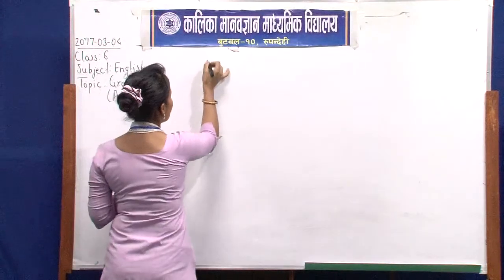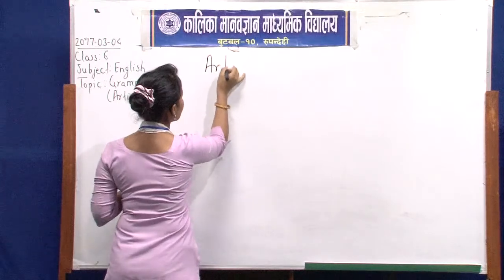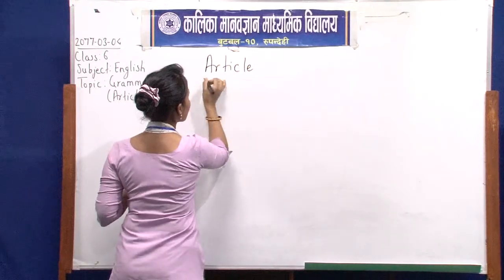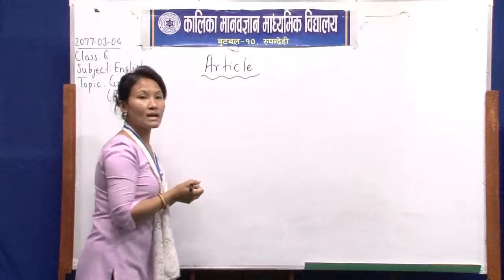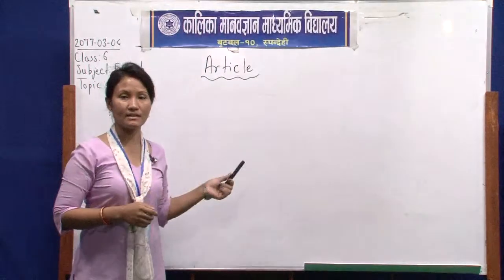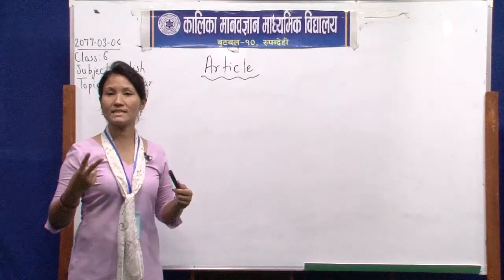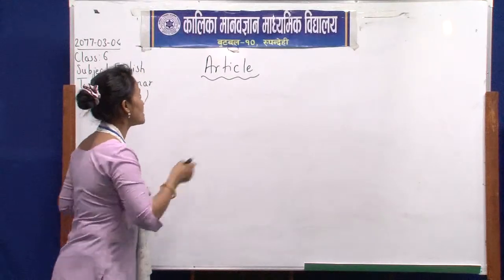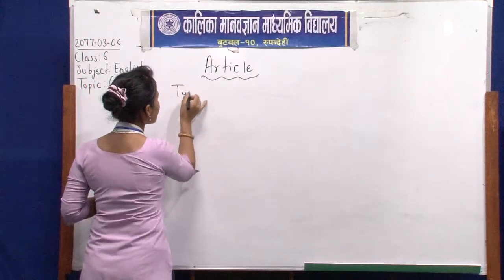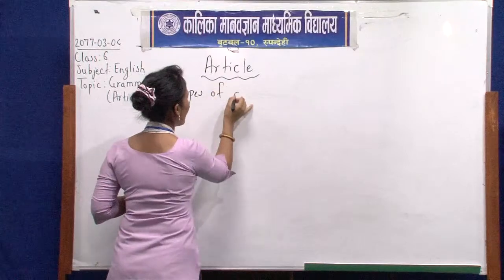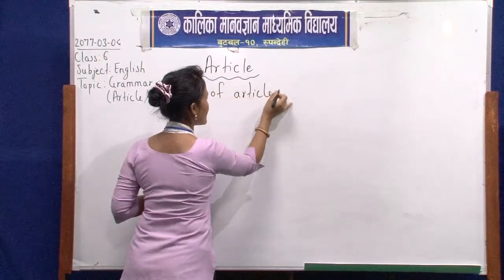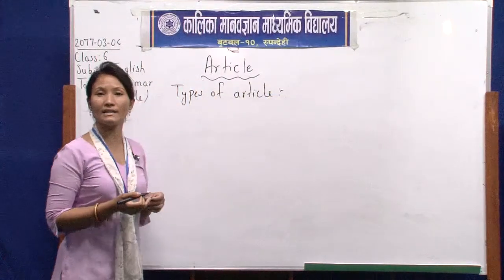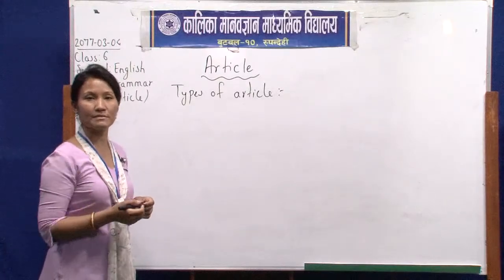Okay, what is the topic? Article, right? Article, and in article there are two types of article. Let's write here types of article. How many types of article are there? There are two types of article.